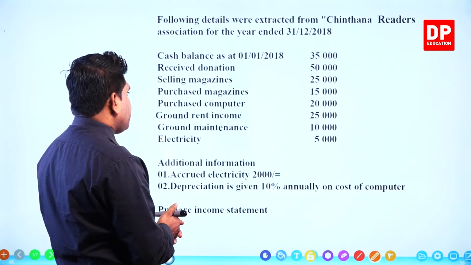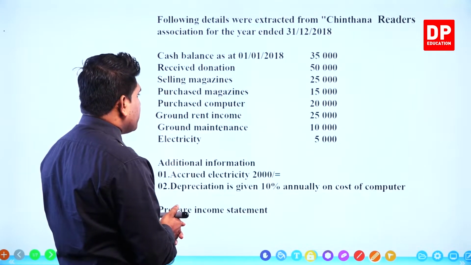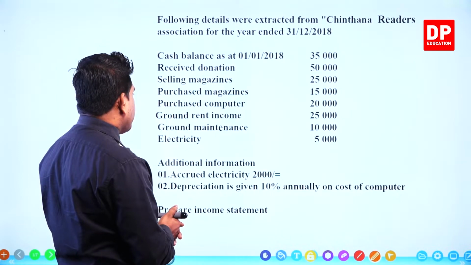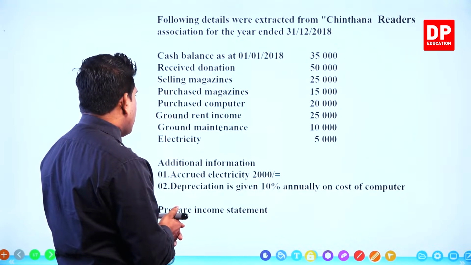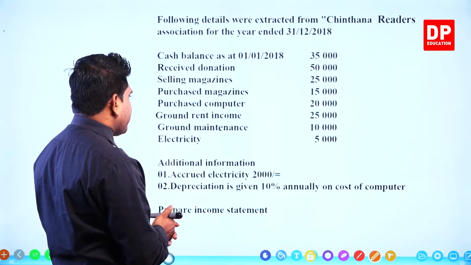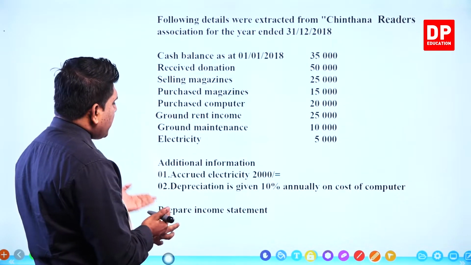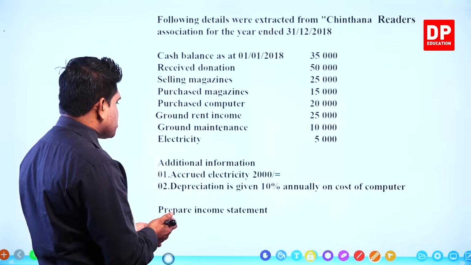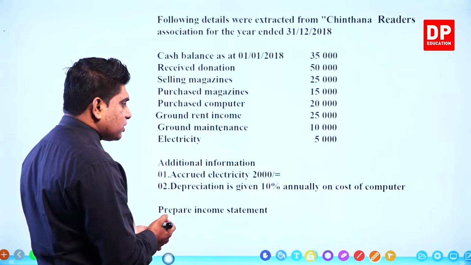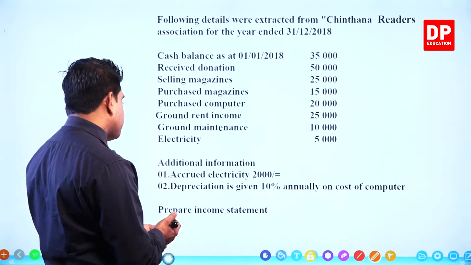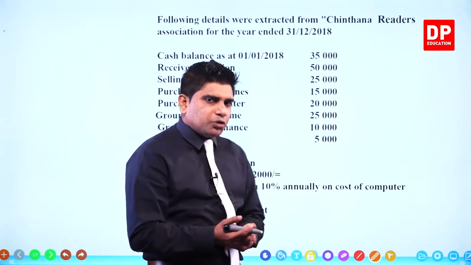Purchased magazines 15,000. Purchased computer 20,000. Ground rent income 25,000. Ground maintenance 10,000. Electricity 5,000. Additional information: accrued electricity 2,000. Depreciation is given 10% annually on cost of computer. Prepare the income statement.